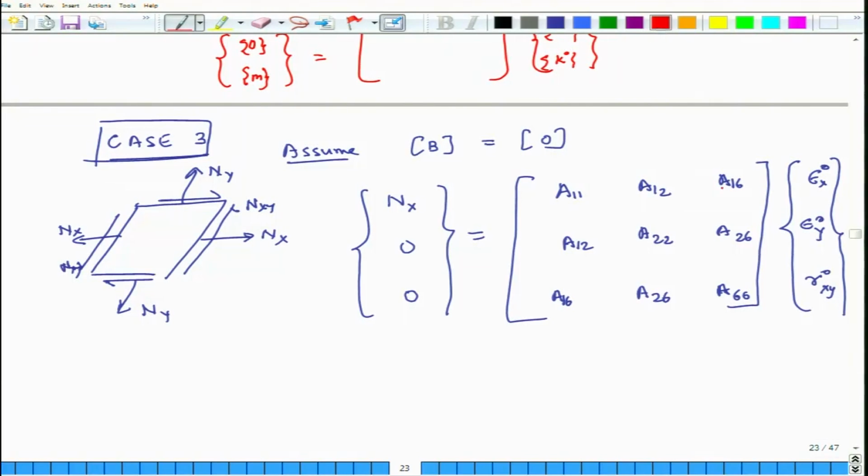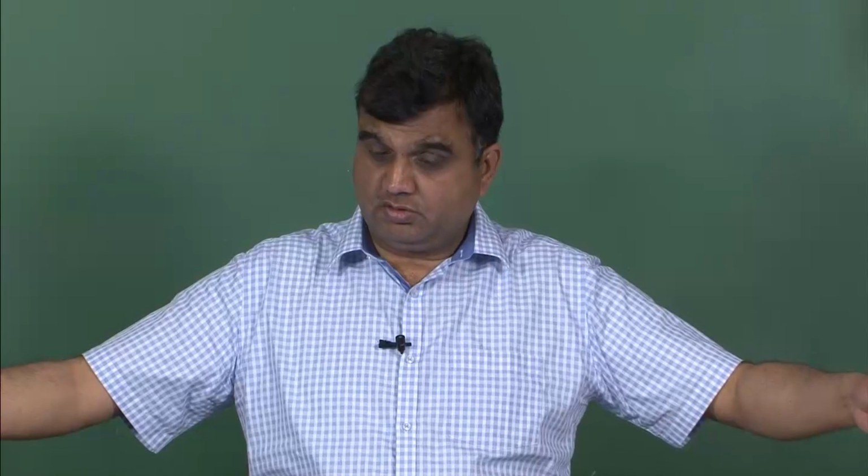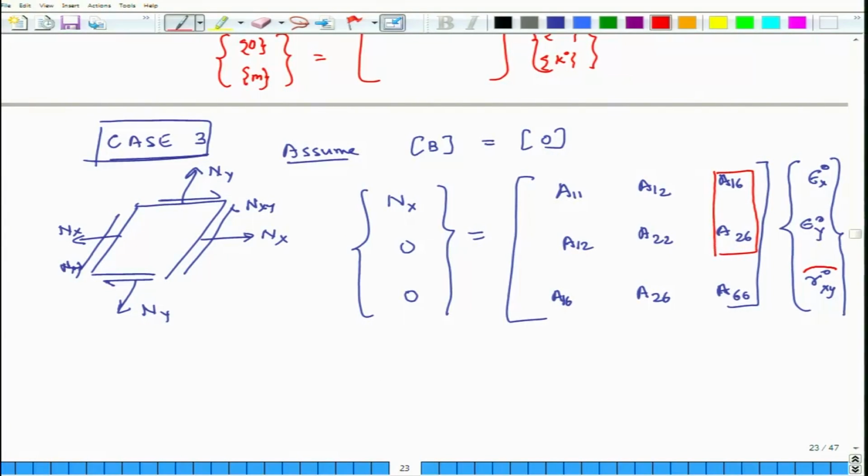If A16 and A26 terms are not 0, then even though I am pulling the plate in the straight direction only in extensional mode, the plate will also develop a shear strain, because A16 and A26 are not 0.